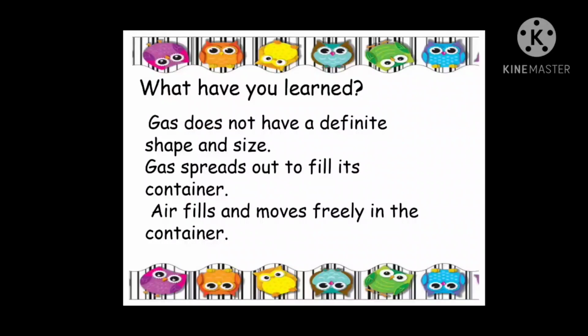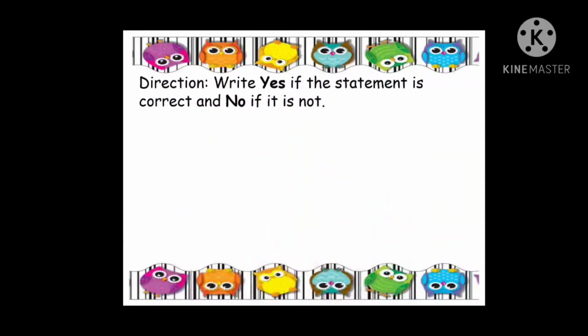Now I want you to get a piece of paper and let us try to answer another activity. Here is the direction. You are going to write yes if the statement is correct and no if it is not. I am giving you 5 seconds to answer each question.